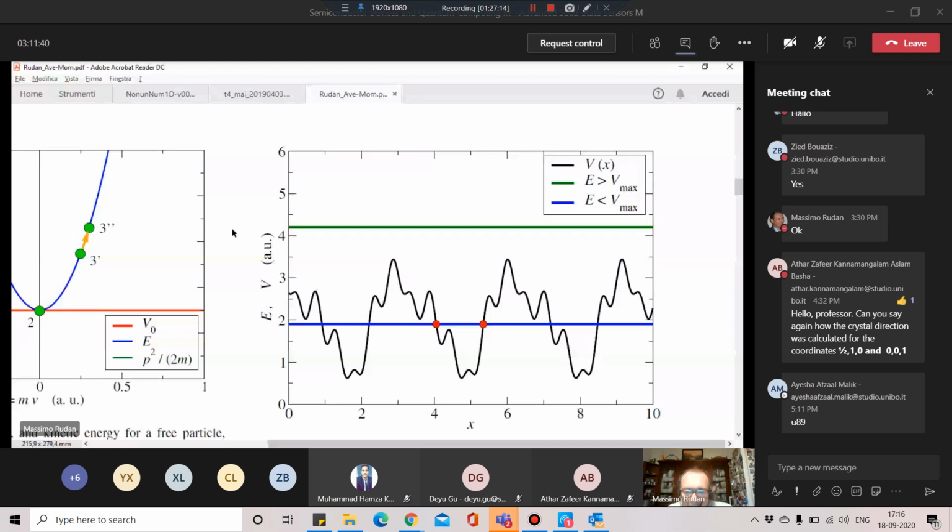Looked at along the horizontal axis, we have X. It is a one-dimensional situation in which we have a periodic potential energy.